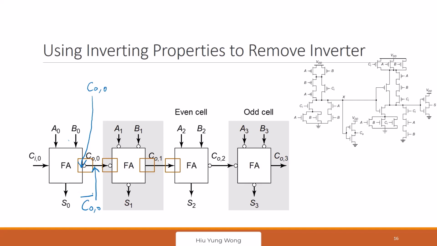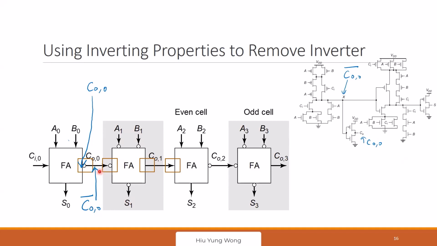So here we have CO0 bar, and this is CO0. Our goal is to feed CO0 to the next adder. However, I'm using the inverting property of the adder. I want to this time feed the CO0 bar into it.